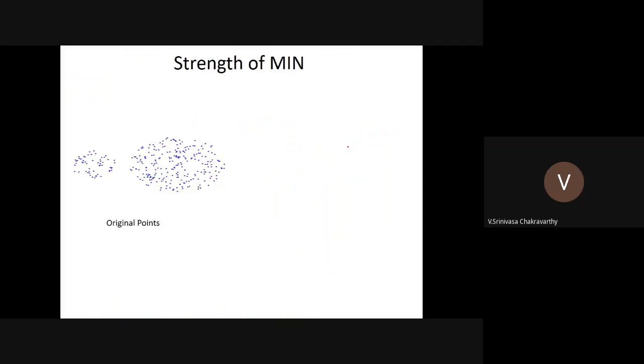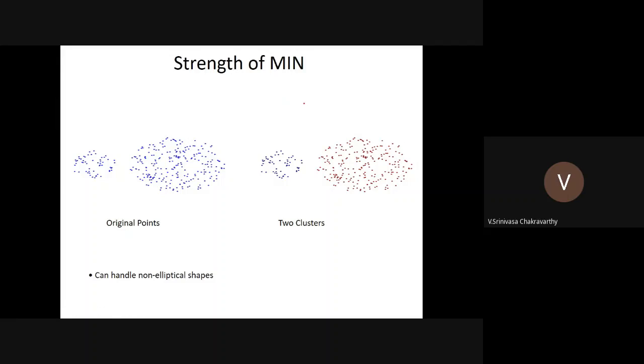Now the strength of this min type of proximity measure to perform hierarchical clustering is that it can handle clusters of different sizes. For example, you have two clusters, one is small, one is big, right? If you perform this kind of hierarchical clustering, you can get these two clusters separately. What do we mean by that? When you grow the cluster, you start from single points, and keep on taking them up and merging them.